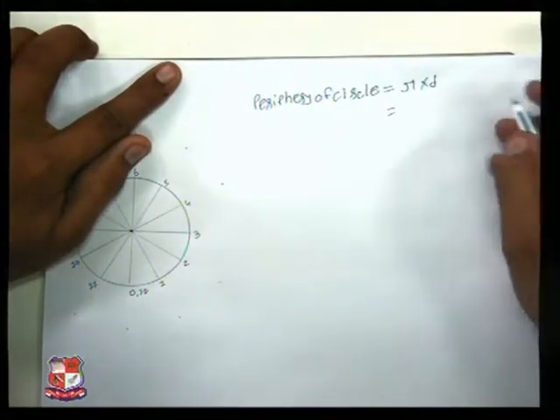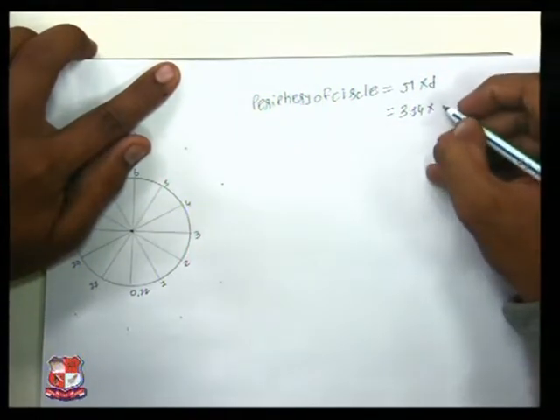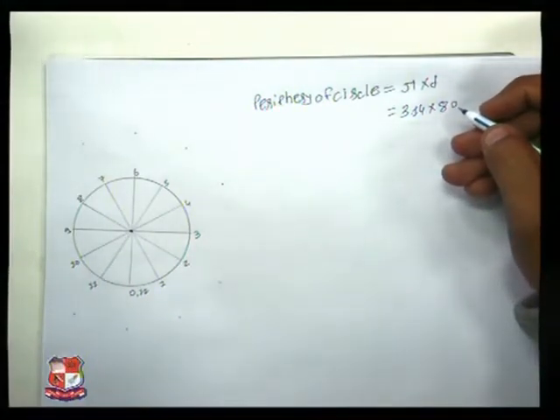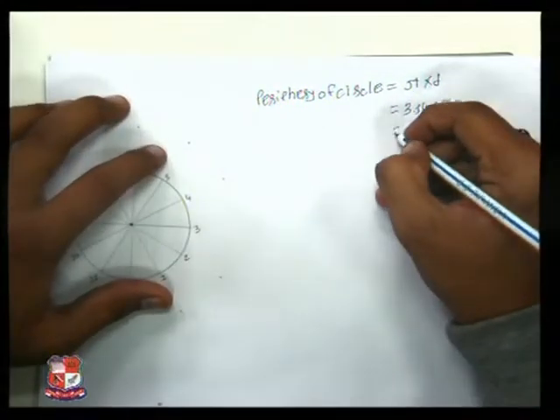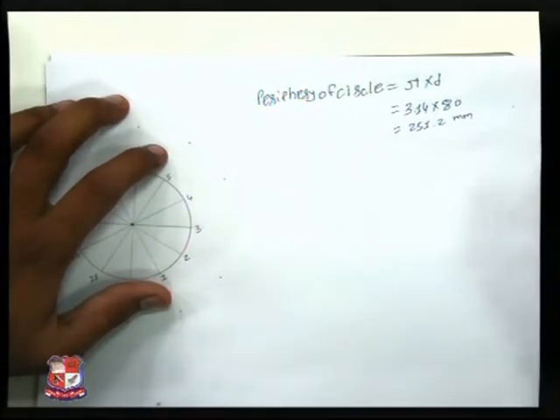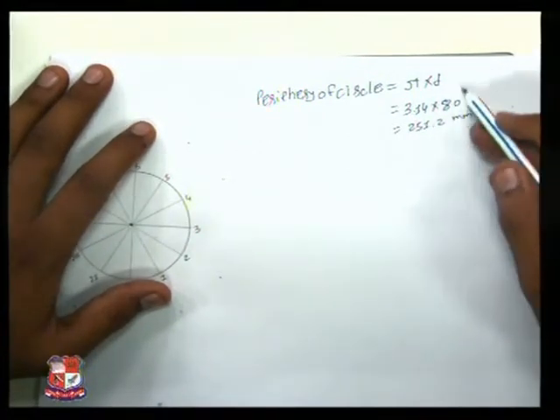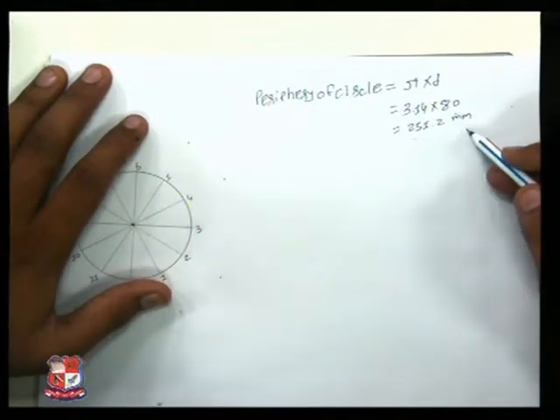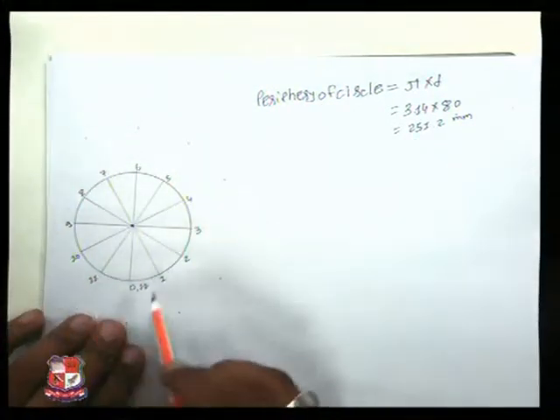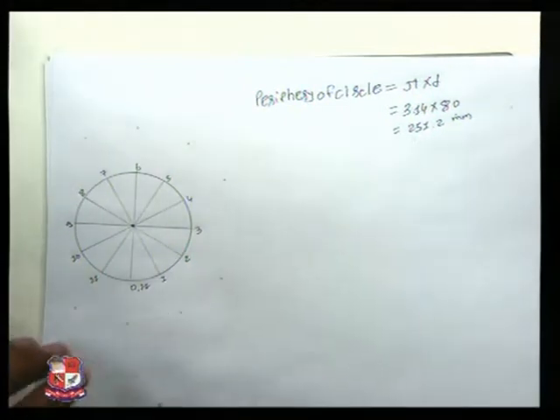Now, in our case, pi is 3.14 and d is 80 mm. So what does it come around to? It comes around to 251.2 mm, which means that this circle will horizontally travel 251 mm distance.